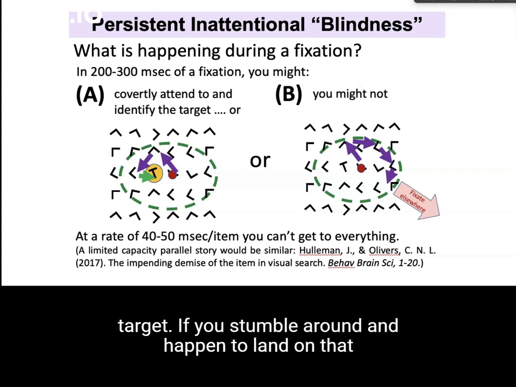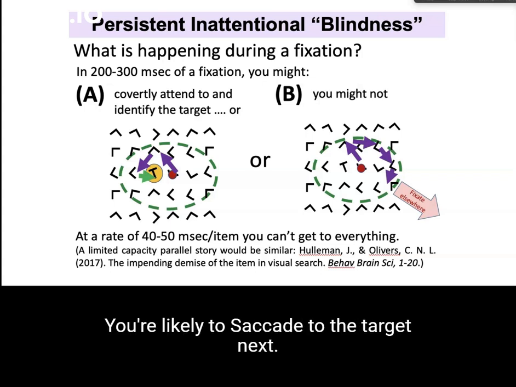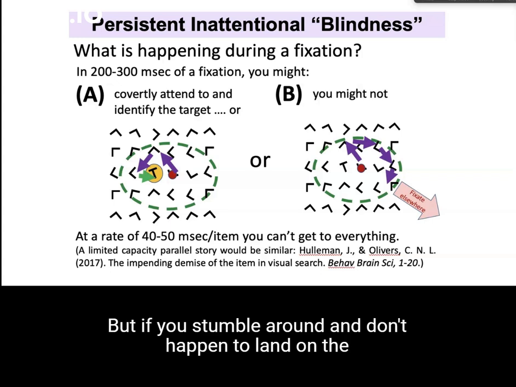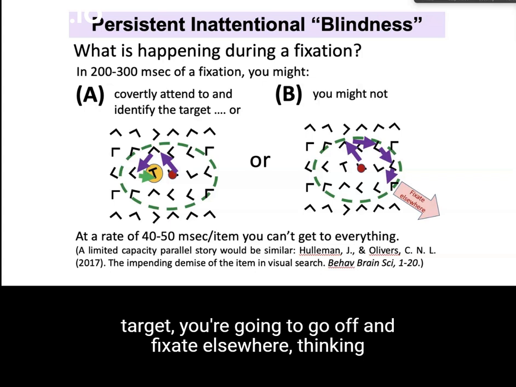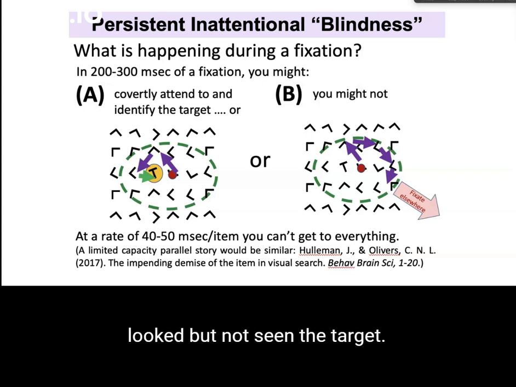If you stumble around and happen to land on that target, great, you're likely to saccade to the target next. But if you stumble around and don't happen to land on the target, you're going to go off and fixate elsewhere, thinking you have looked at that location, but you have in that case looked but not seen the target.